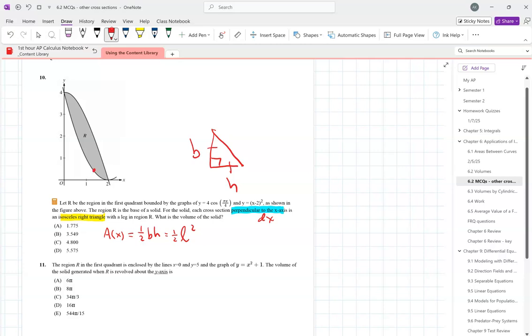If I draw a typical leg here, perpendicular to the x-axis, that's my L. If this point is x1, y1, and this point is x2, y2, then L is just y2 minus y1. Everybody feel okay as to how I came up with that?